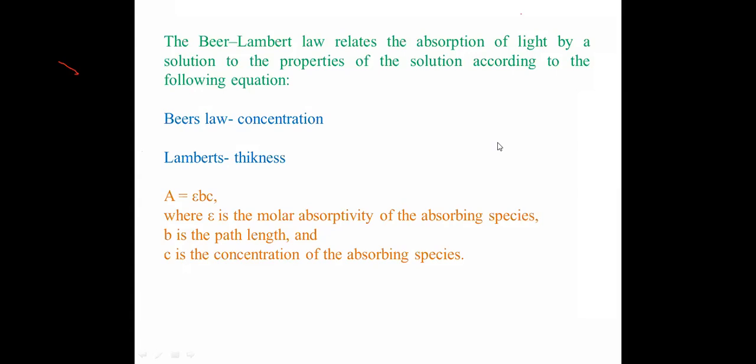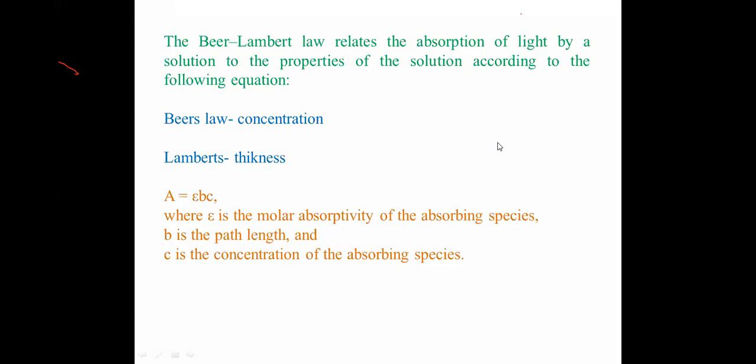Say the absorption of light is directly proportional to the concentration. As per Beer's law, when the light falls on the sample, the absorption intensity is directly proportional to the concentration of the substance.